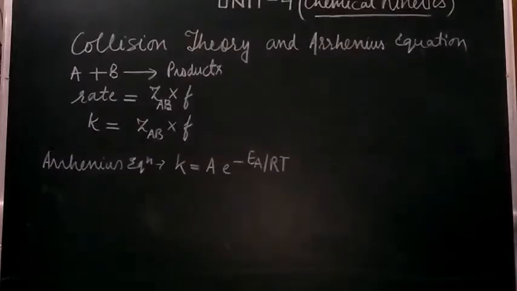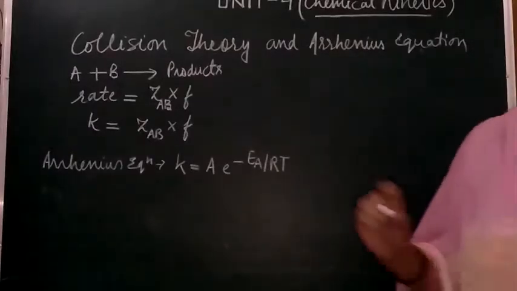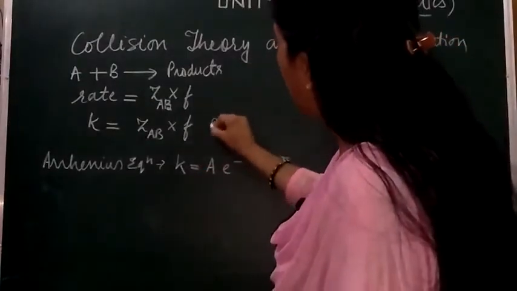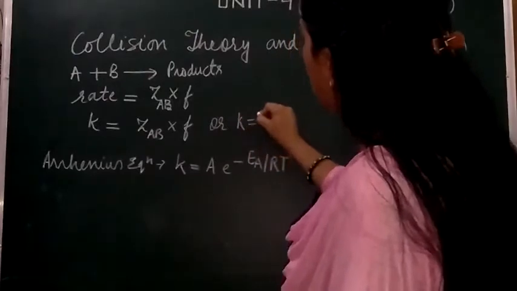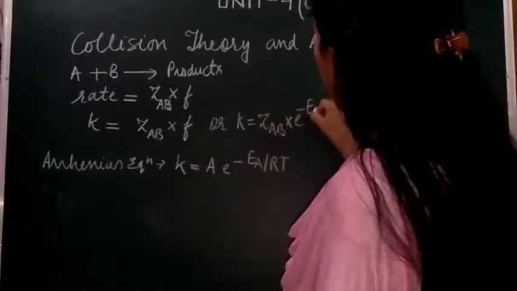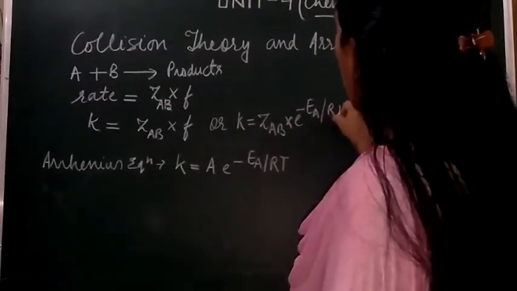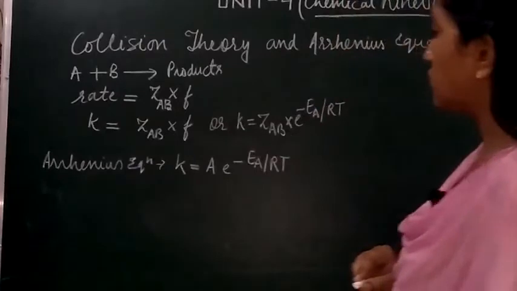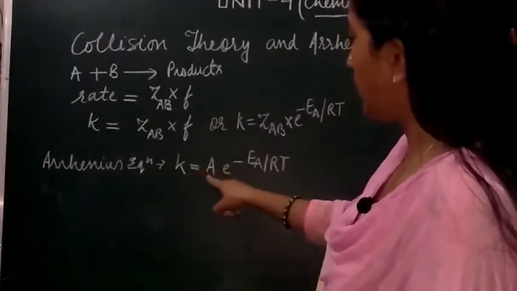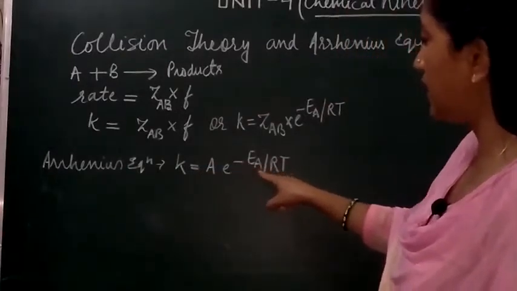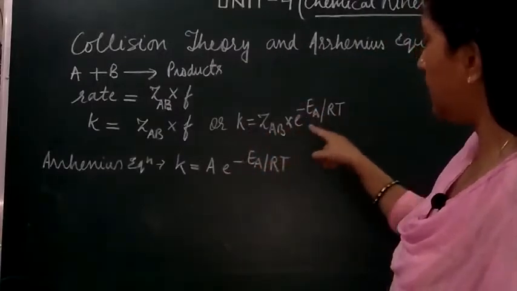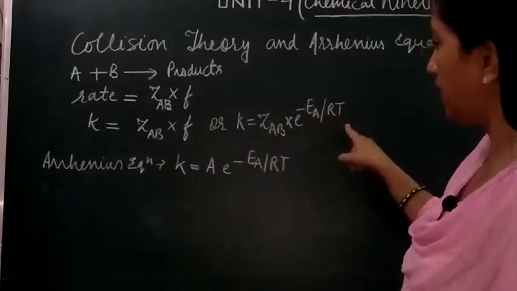For that, we will express this fraction as e raised to power minus Ea upon RT, so we can write k equals Z_AB into e raised to power minus Ea upon RT. If you see, here k equals A e raised to power minus Ea upon RT, and here k equals Z_AB into e raised to power minus Ea upon RT.